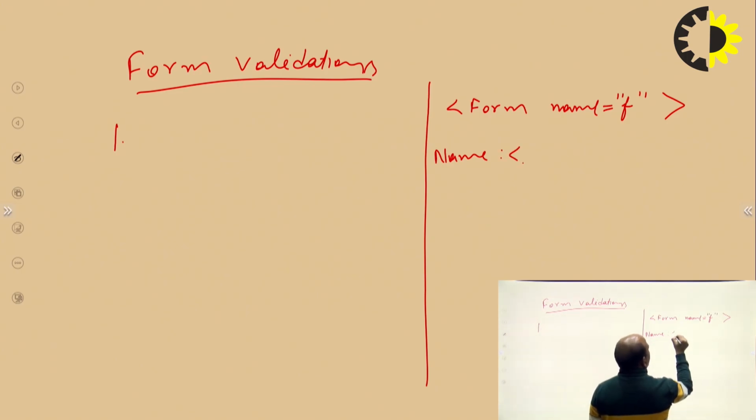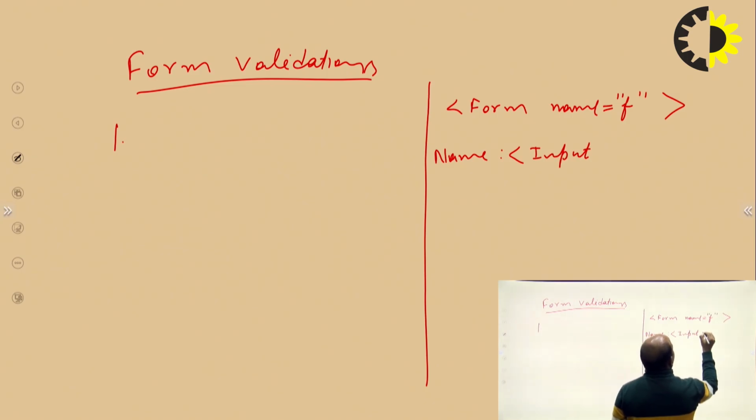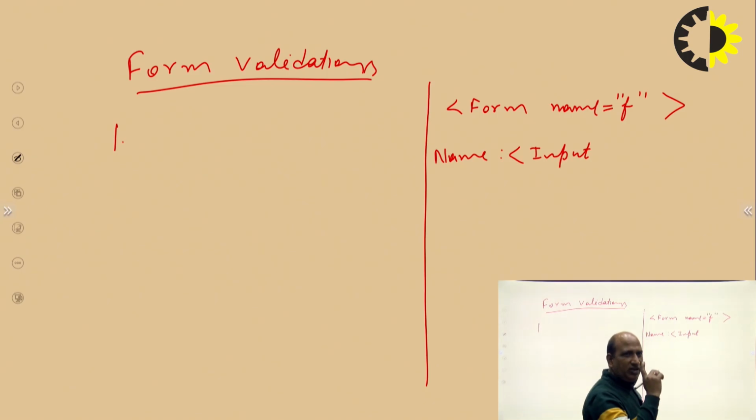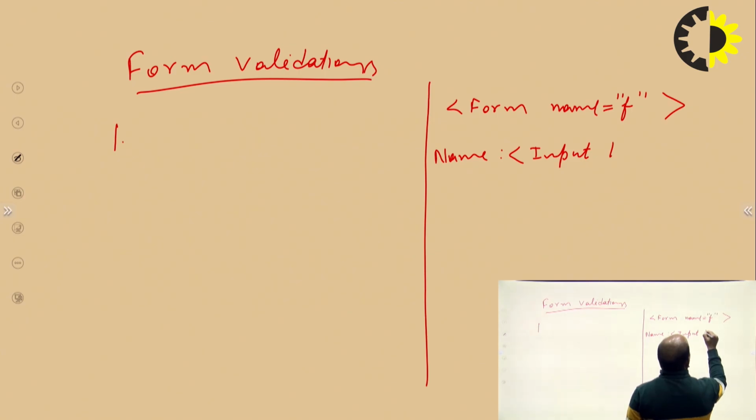For this I am using the input tag, which I have already told you about during the HTML lectures on how to create a form. So input type is equal to text. I am creating a text box and giving the name of this text box as T.